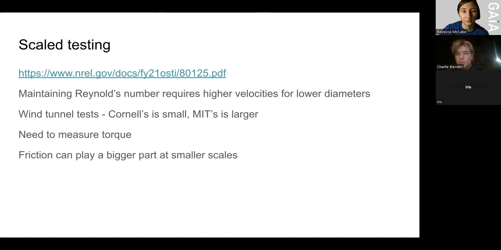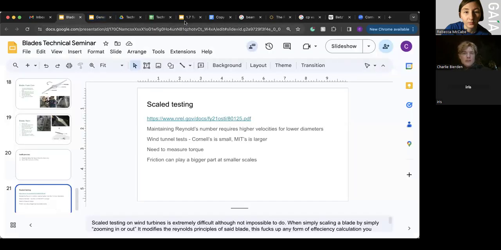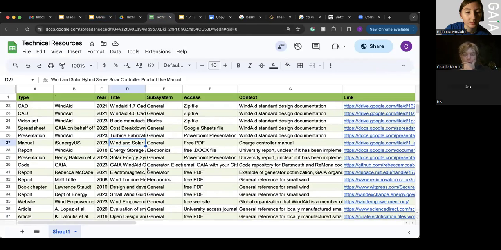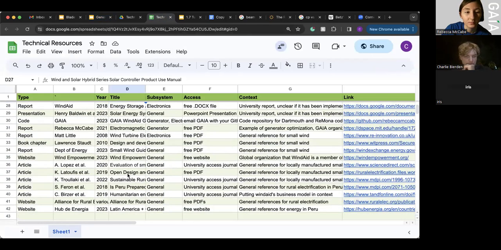Yeah. Cool. We have a question. Is the article you showed before for reference? The article, are you referencing the WindAid document or the Santiago thesis?